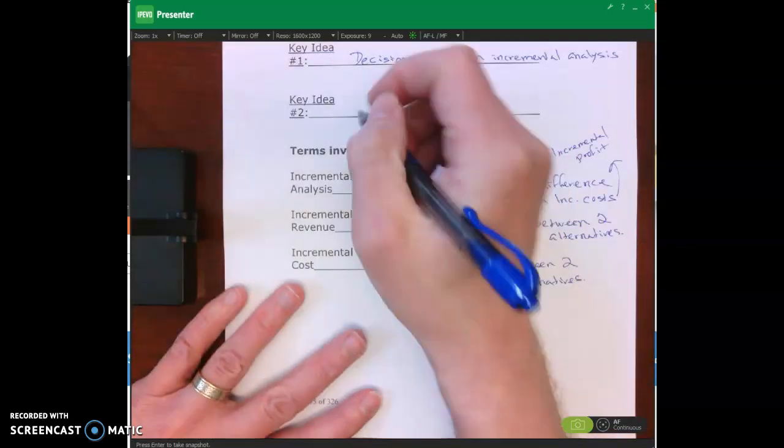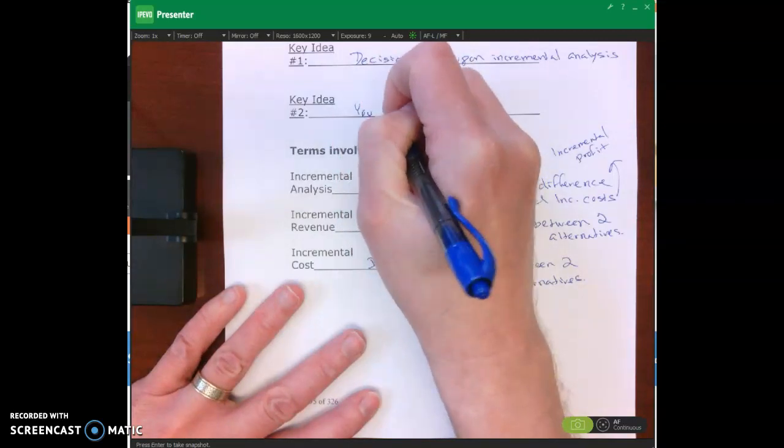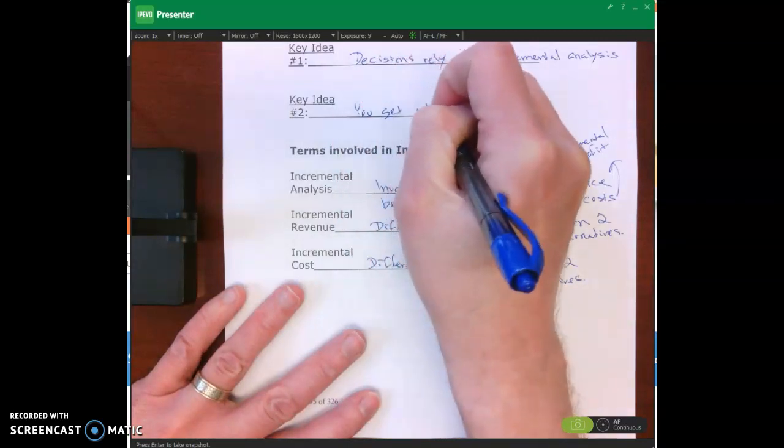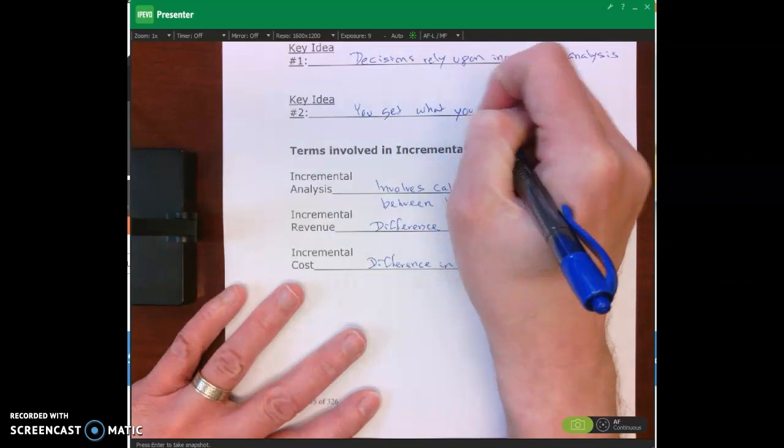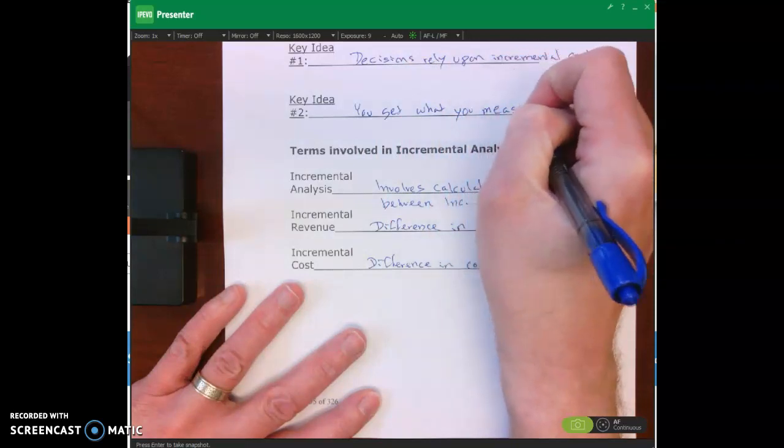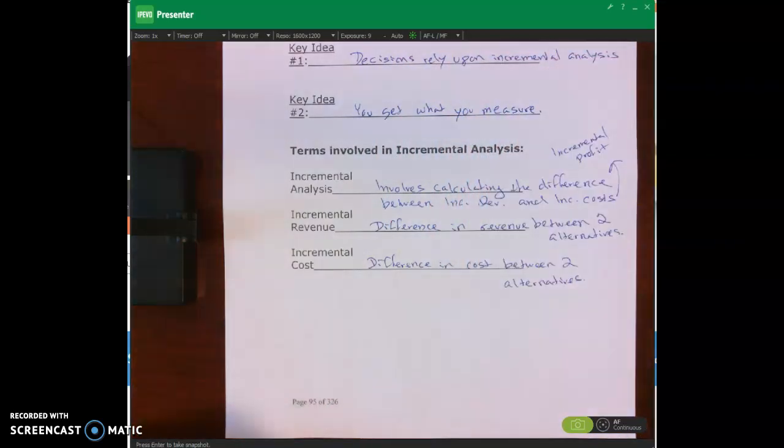The second one is you get what you measure. Okay? So if I measure students on their grades, right, which is what we do, what happens? Everybody tries to do everything that they can to get an A in the course. And lots of times that can be a powerful incentive.